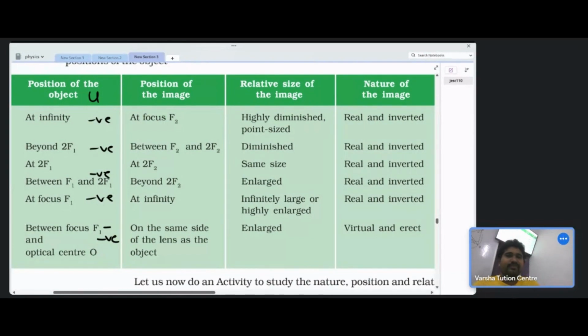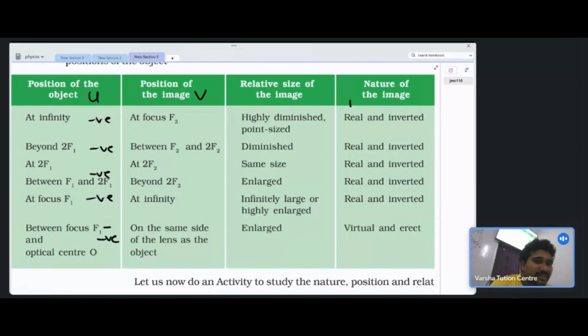Now let's come here. Position of the image. We write at F2. Remember, F1 is on the left side, F2 is on the right side, so it should be positive. Real means positive.